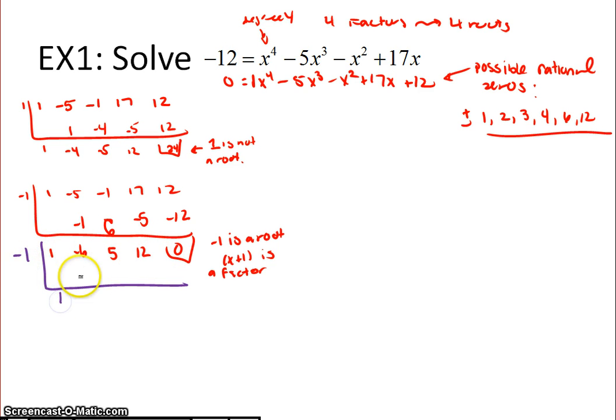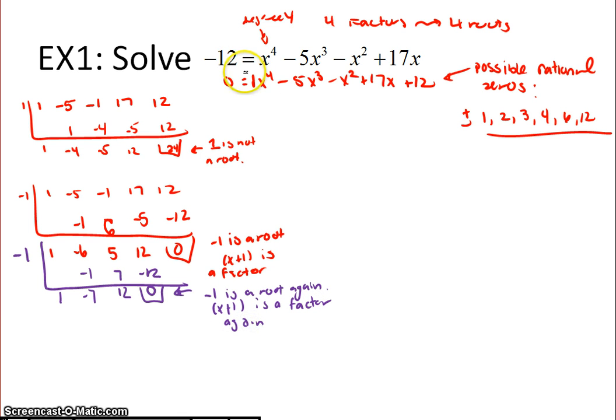So let's bring it down, multiply, bring it down, multiply, bring it down, add, multiply, and we do get a remainder of 0, which tells me minus 1 is a root again, and x plus 1 is a factor again.